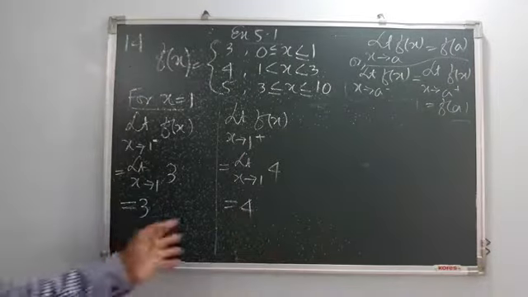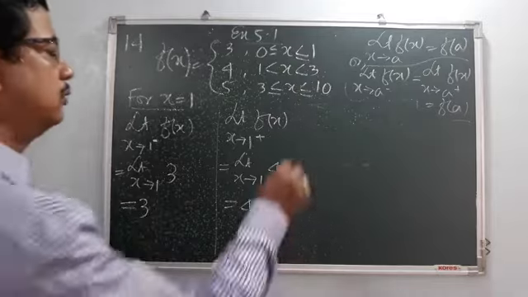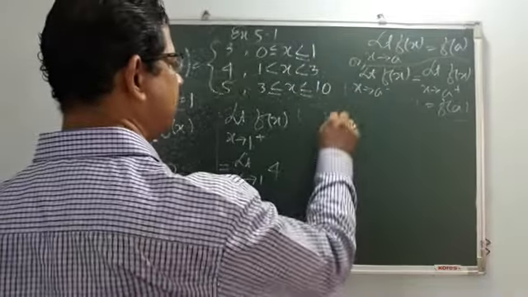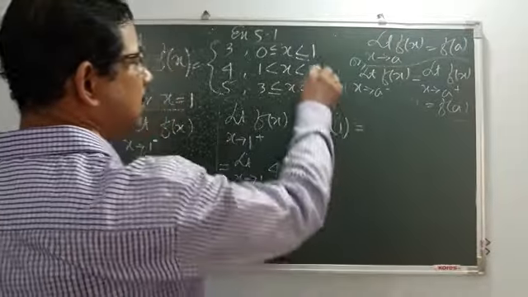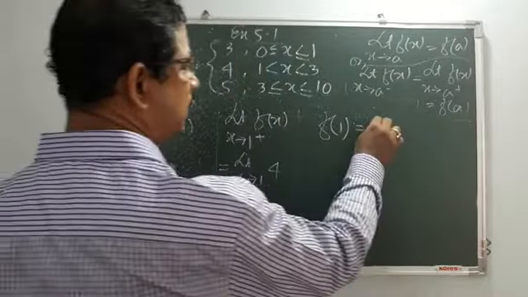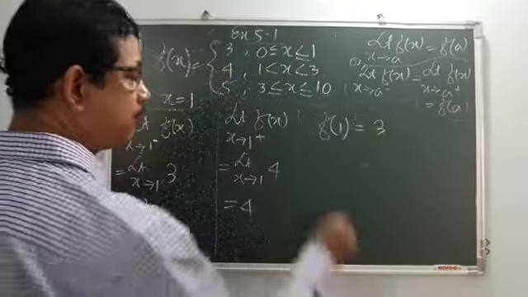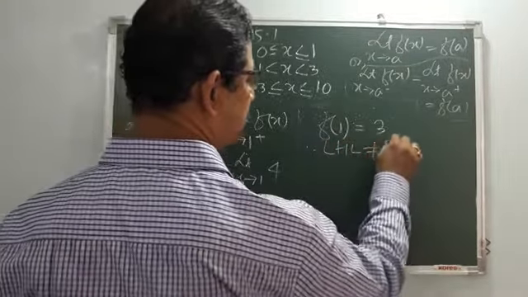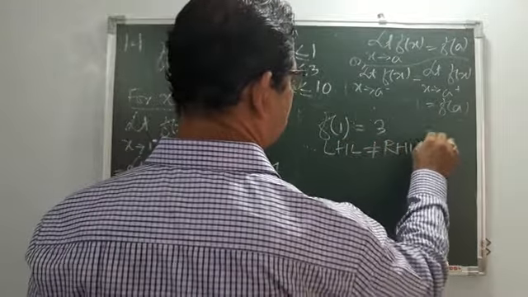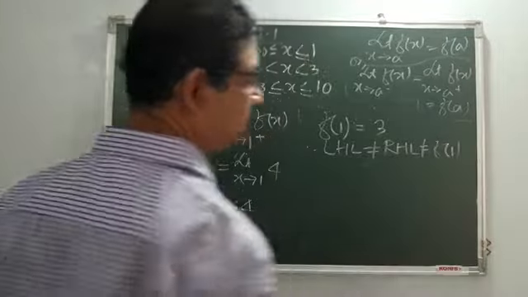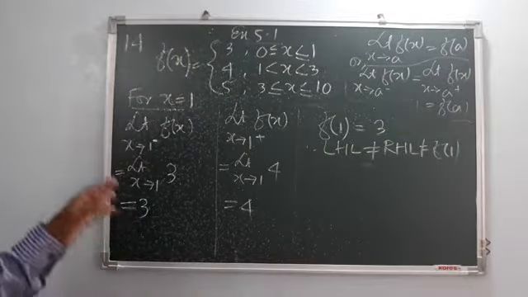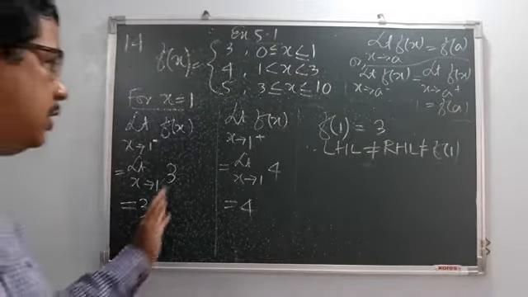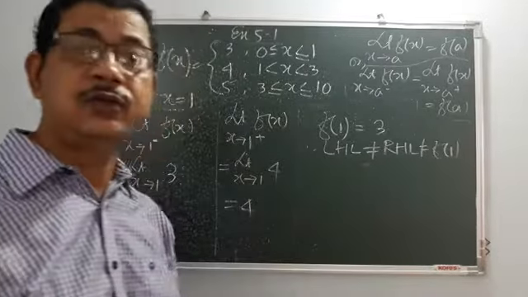So what are we getting? LHL and RHL are not equal. Now if we consider f(1), the value of f(x) at x equal to 1 is 3. Therefore LHL is not equal to RHL, and RHL is not equal to f(1). At the point 1, we get LHL 3, RHL 4, f(1) 3, so they are not equal.